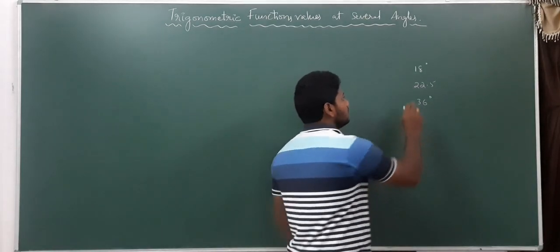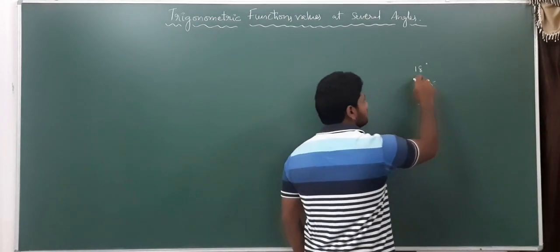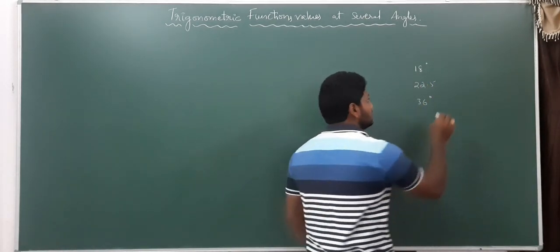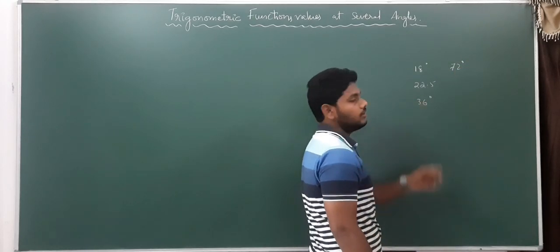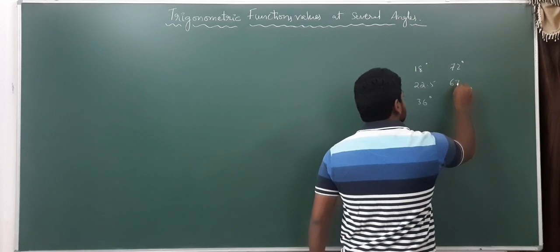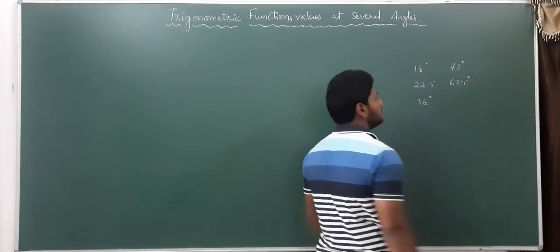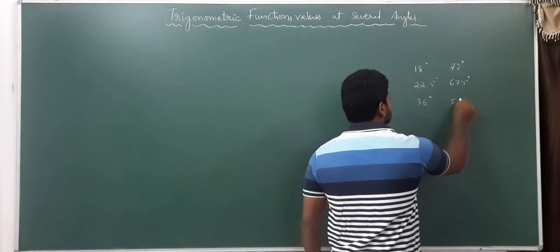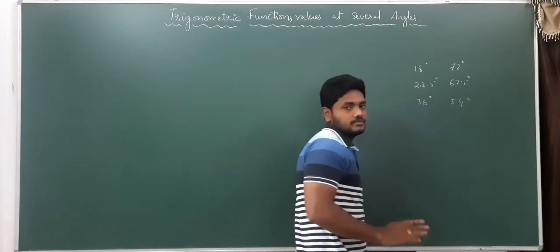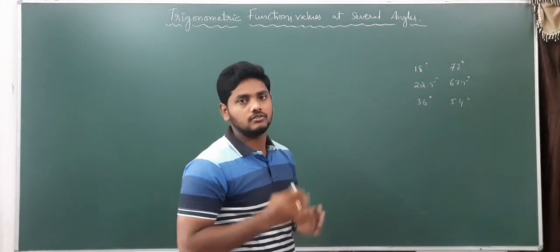If you know how to find these, you can also find 90 minus 18, which is 72 degrees. 22.5 degrees gives 67.5 degrees also. If you know 36 degrees, that is also equal to 54 degrees with respect to quadrantal angles.